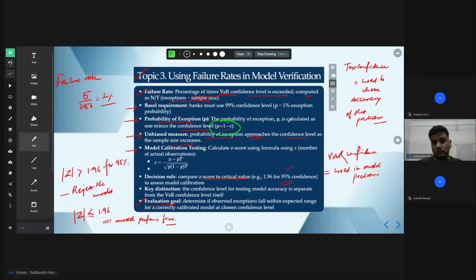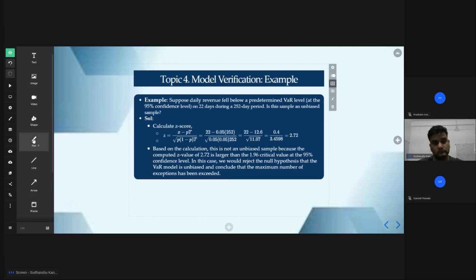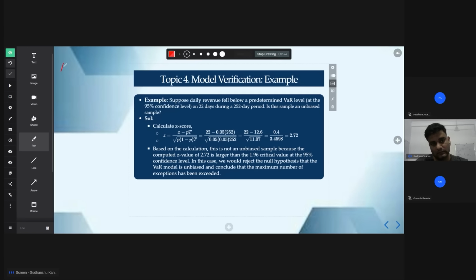So let me write it down in the next slide. I'll write it down here. Please understand this very critically. Back testing checks how many times VaR fails, right?